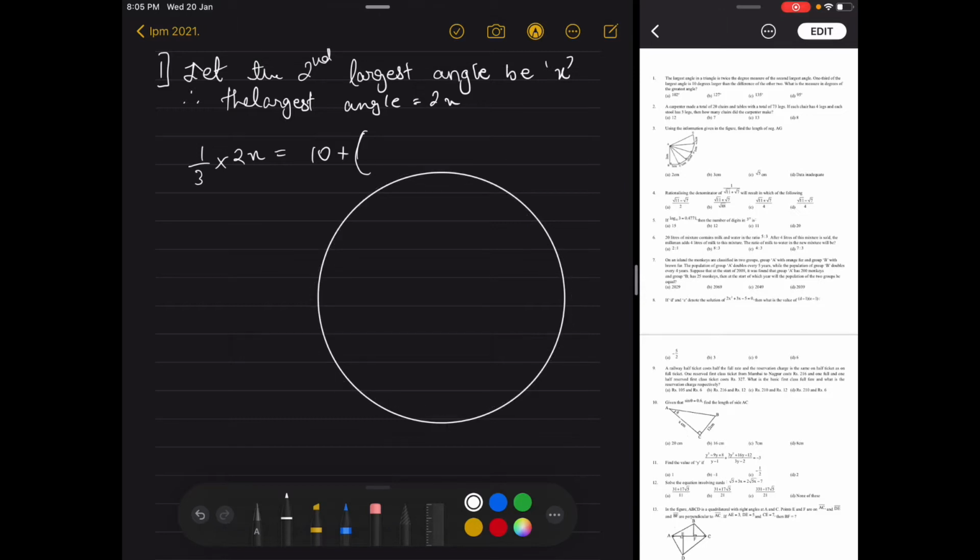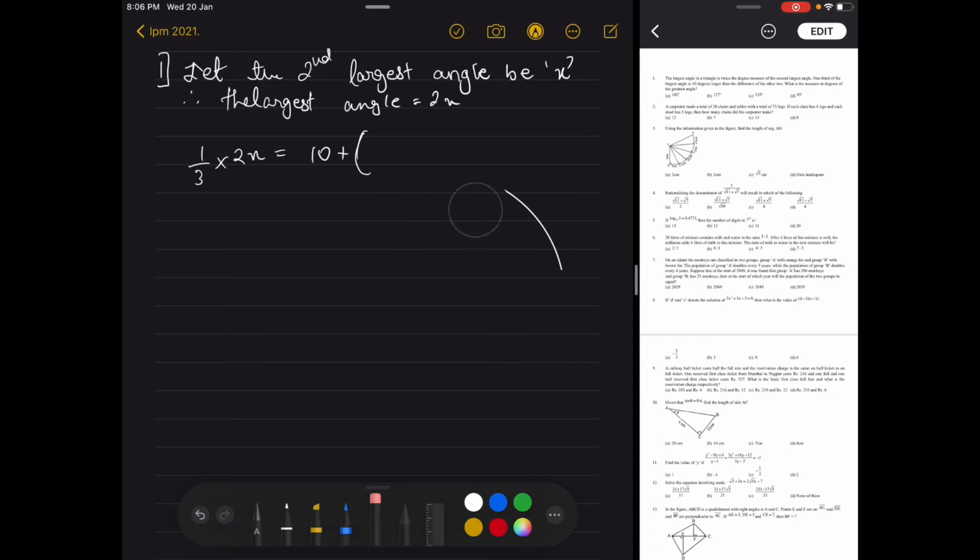First, the sum of all angles of a triangle is 180 degrees. We know two of the angles are x and 2x, so therefore the third angle will be 180 minus x plus 2x. So the third angle would be 180 minus 3x, right?